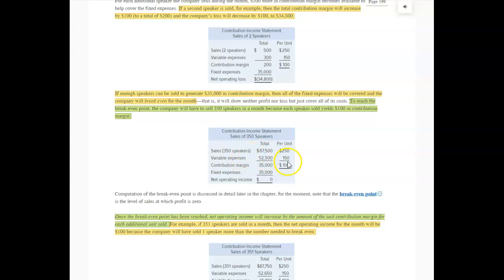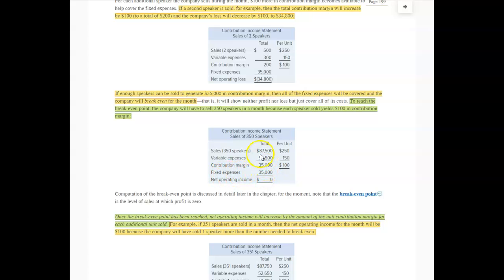Variable expenses will be $150 per unit times 350 units, $52,500. Subtract, our contribution margin is exactly $35,000, which is exactly what our fixed cost is.